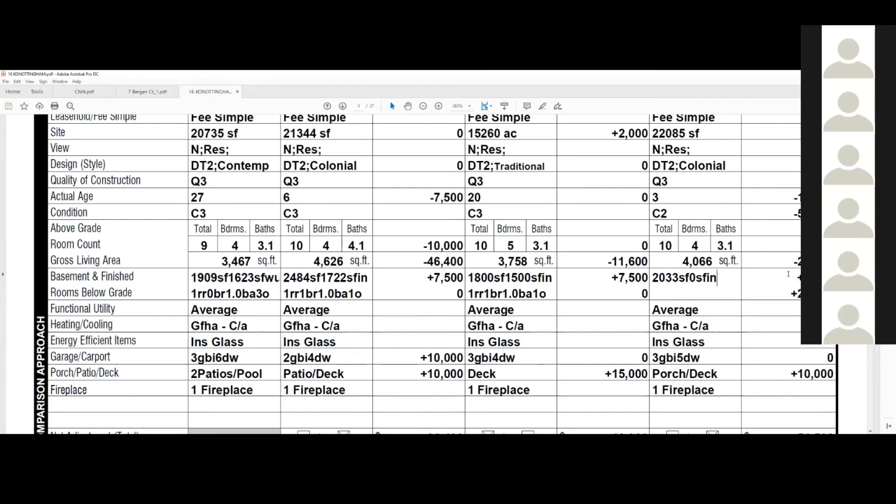So here's the $7,500 for having a larger basement, and also $20,000 because it has, like, you have to read these two, 1 bedroom. So he did give for additional finished areas with different rooms.